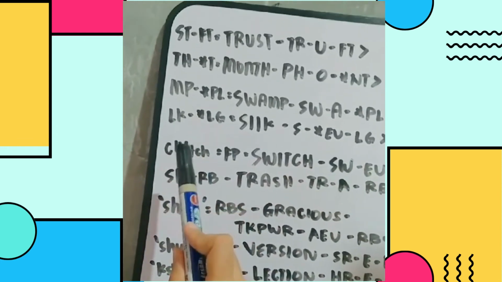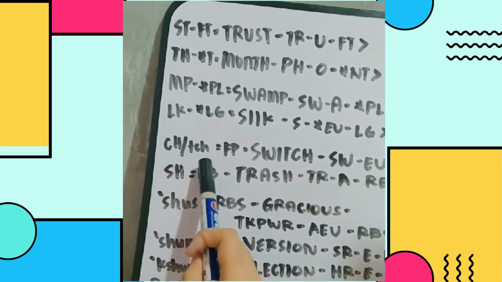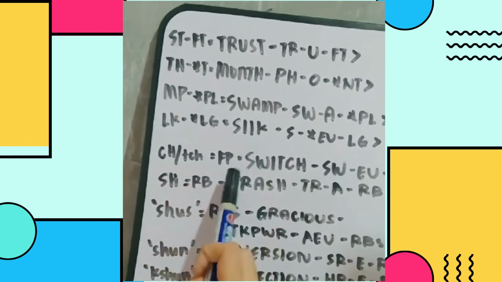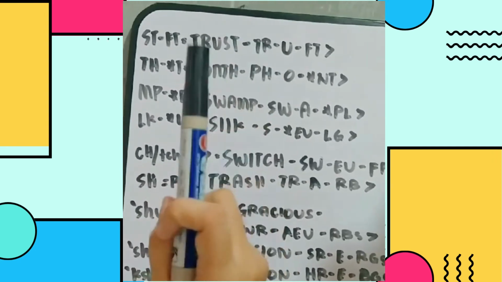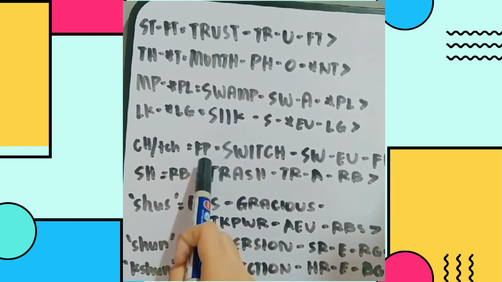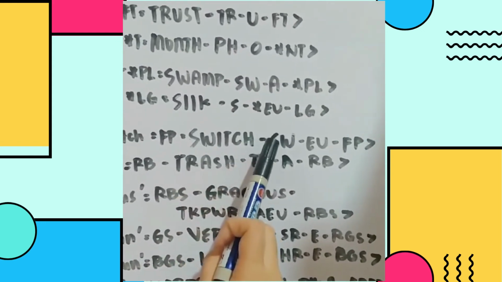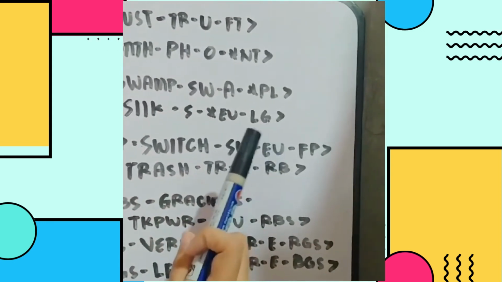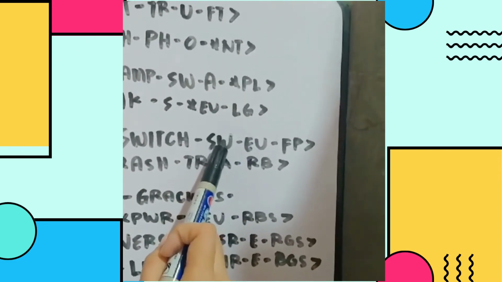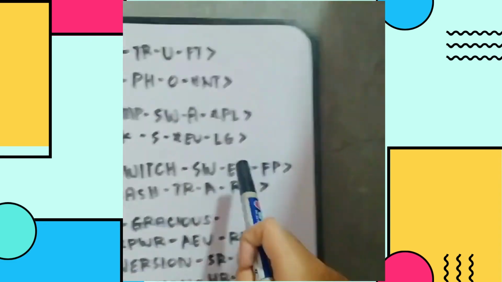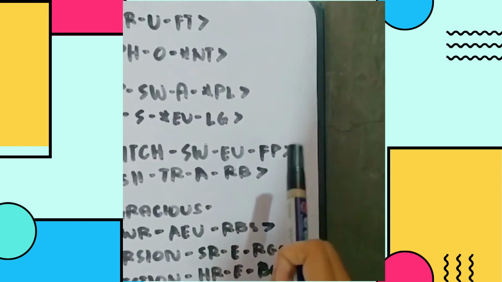The ending word is CH or TCH and the code is FP. And the example word is switch. If we read and write it, it should be initial letter SW, vowel EU, ending FP, then release.